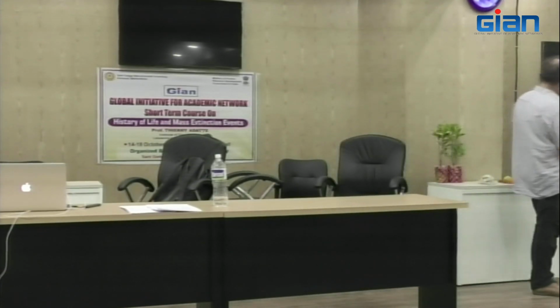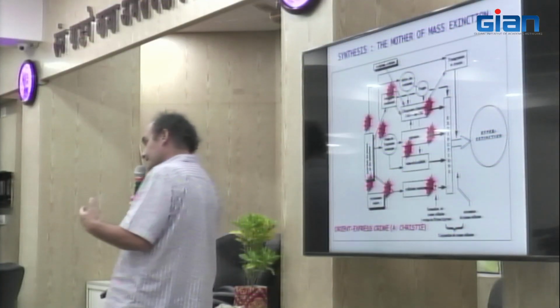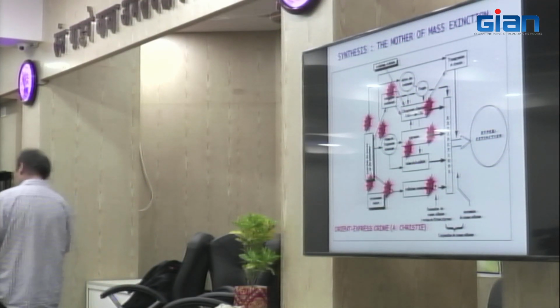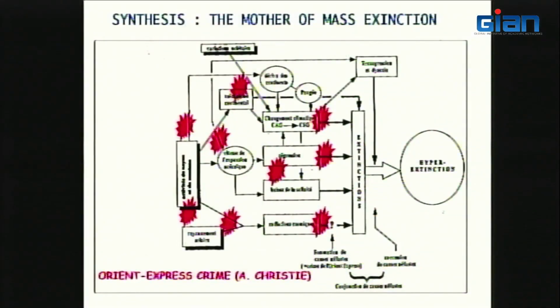And this is almost the same thing here. In fact, there are different triggers here that were acting at the same time, and they were responsible. Okay, so that's why this comparison with the Orient Express crime. This is not a single cause, and life on Earth is very complex, and you cannot explain even the dinosaur decline and extinction by one single cause.